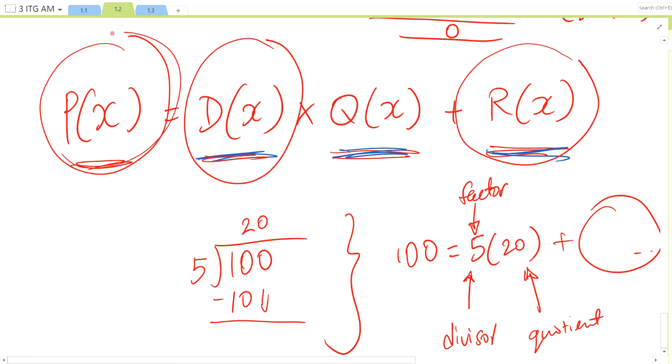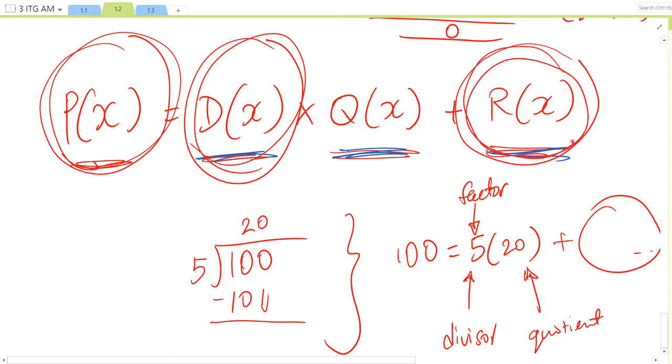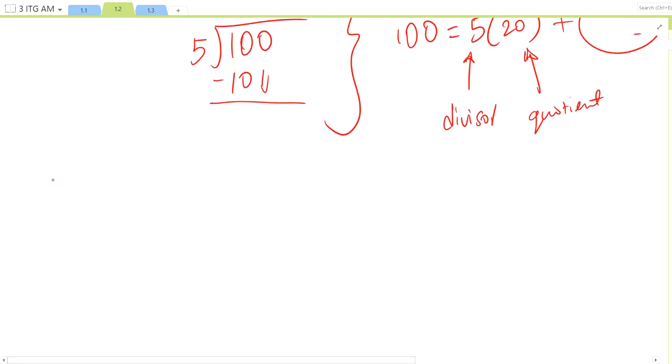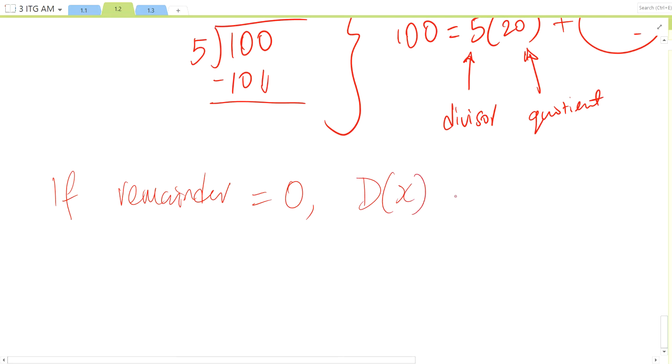If I do a division, then I realize there's no remainder. What can you conclude about this D(x)? It is a factor of P(x). Yes, this is the new theorem, factor theorem. We have learned remainder theorem, we have now learned factor theorem. Is it logical? If remainder equals 0, then the divisor is actually a factor of P(x).